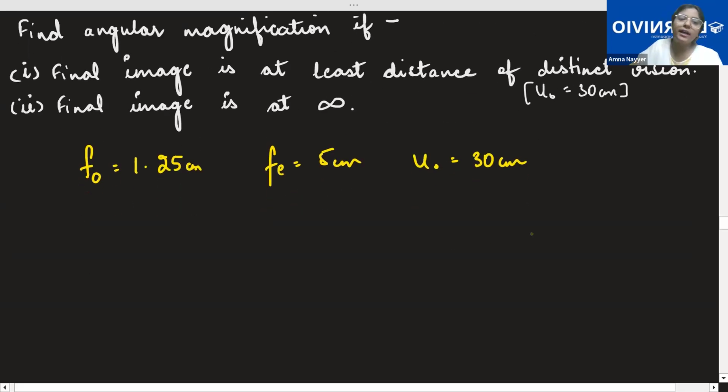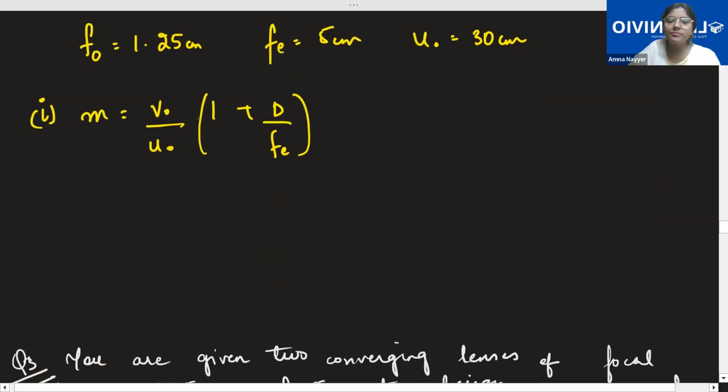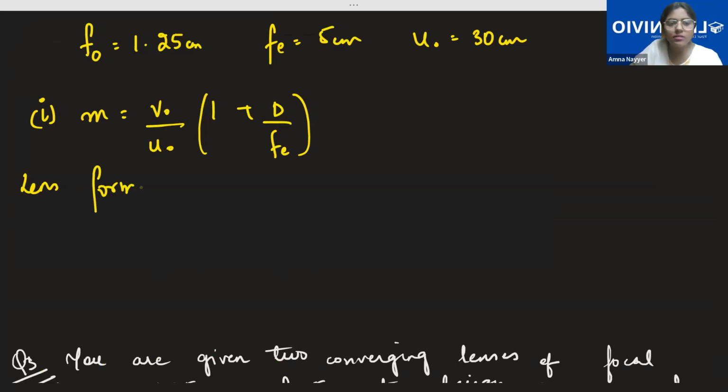For finding out the angular magnification, M is equal to V naught by U naught times (1 plus D by Fe). Class, we have everything except V naught. For the calculation of V naught, we have F naught and U naught. Using the lens formula, we can calculate it. So if I apply the lens formula, I'll get 1 by F naught is equal to 1 by V naught minus 1 by U naught.